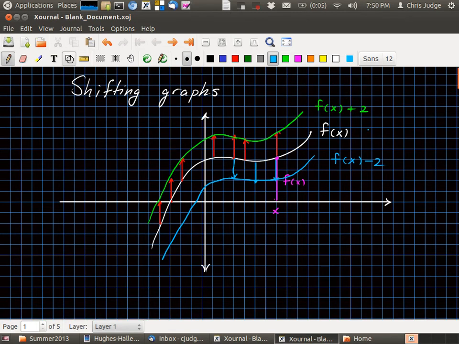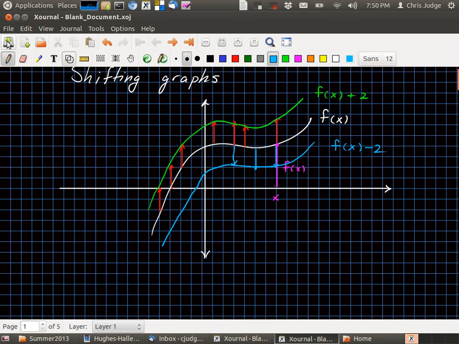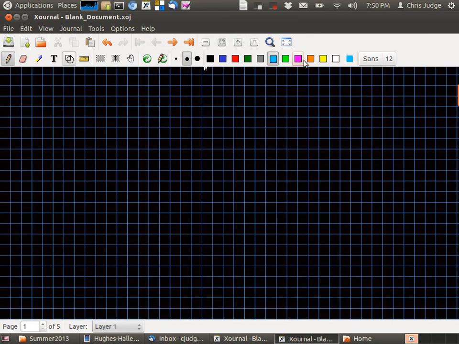Okay, that's the effect of shifting when you're adding or subtracting a number from the actual function. But what about if we want to shift from left to right? Well, that's a little bit different. So let's look at shifting from left to right.